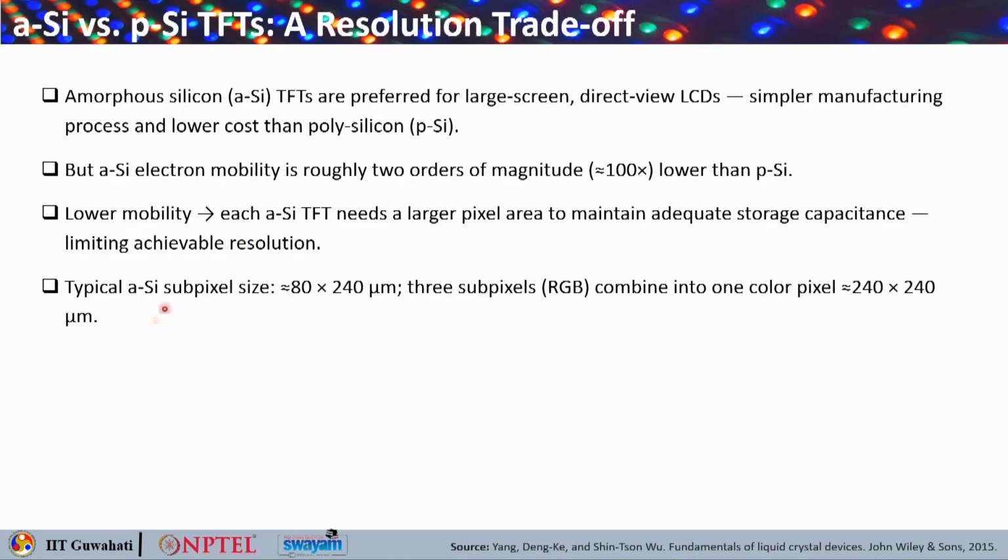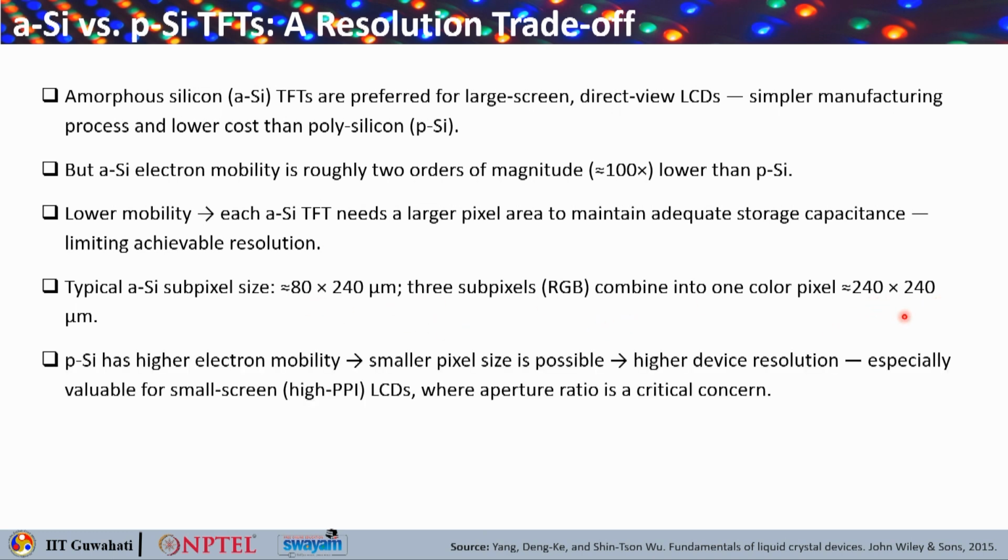Typically the amorphous silicon subpixel size is 80 by 240 micron. So if you take 3 subpixels for R, G and B, that combines to 240 by 240 micrometer for one color pixel.